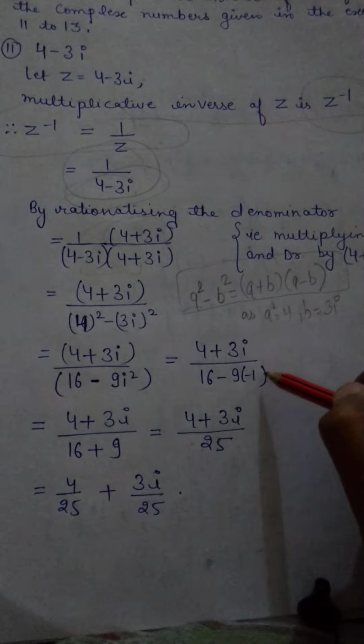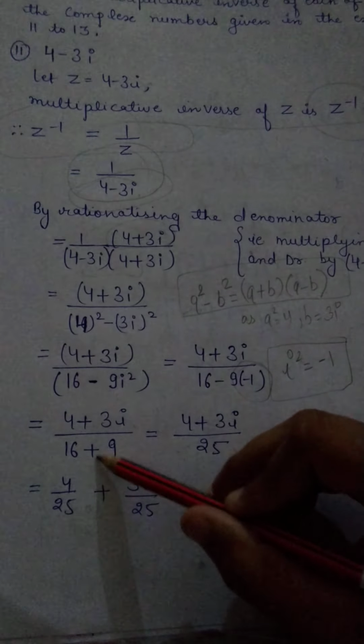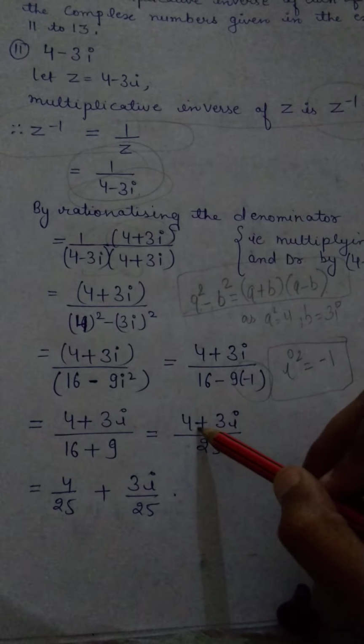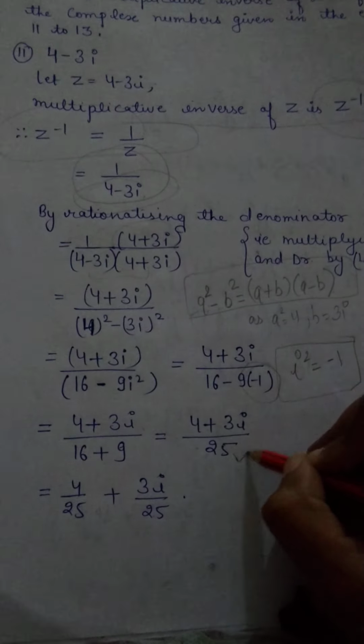Why this minus 1? Iota square is equal to minus 1. Clear? So now 4 plus 3 iota upon 16 plus 9, that is equal to 4 plus 3 iota upon 25. Now I will separate it into two parts: below 4 I will write 25, and below 3 iota also I will write 25. So this is my form.